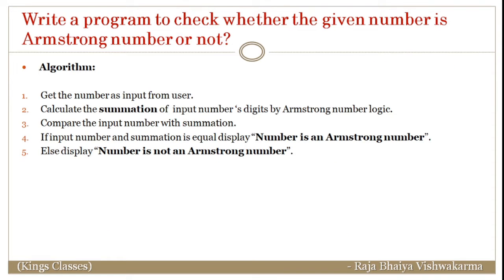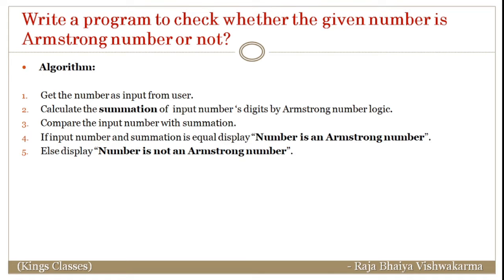Now we will see the algorithm, or you can say the steps that we are going to follow while writing the Java program. First we will get the number as input from the user, and after that we will calculate the summation of the input number's digits by Armstrong number logic.